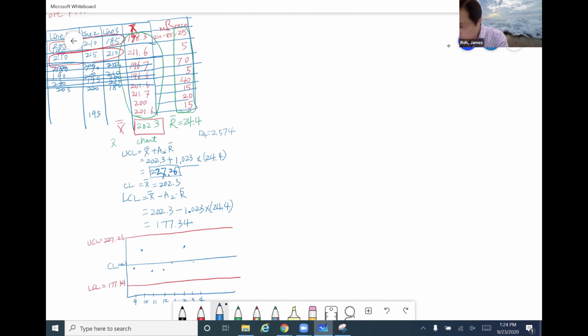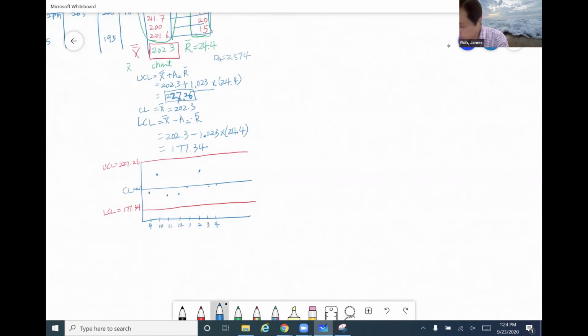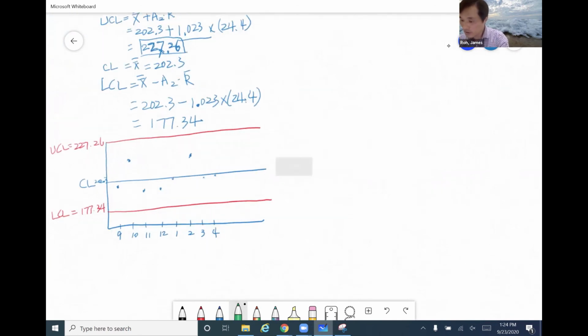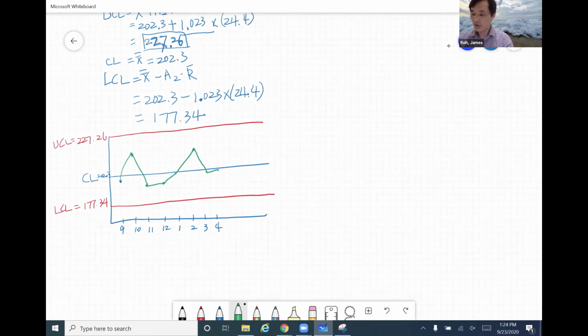And then 201.6, similar. And then I'm going to connect these dots myself. 1, 2, 3, 4, 5, 6, and 7. So that's my X bar chart.